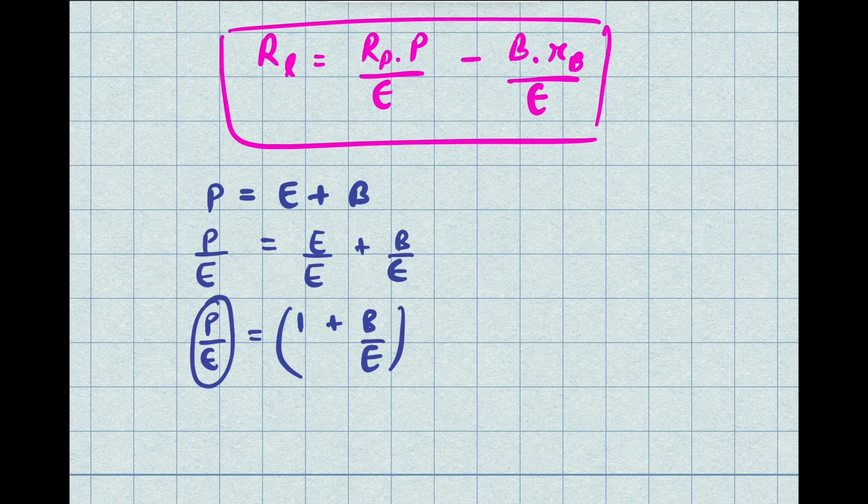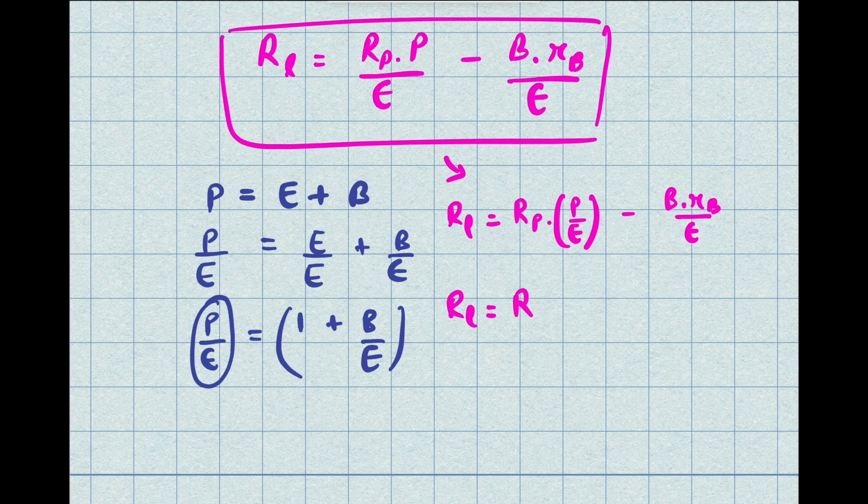I'm just continuing this. RL is equal to, I can write RP into P by E. I can write it like this as well. Minus B by E times RB, right? So I can write RL, RP.